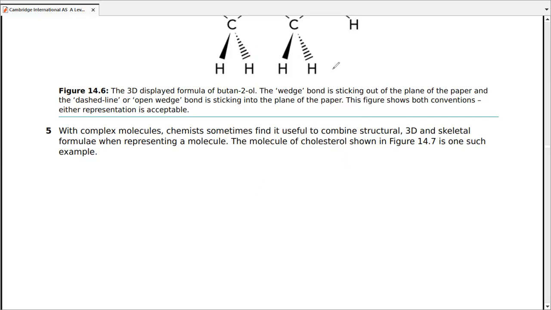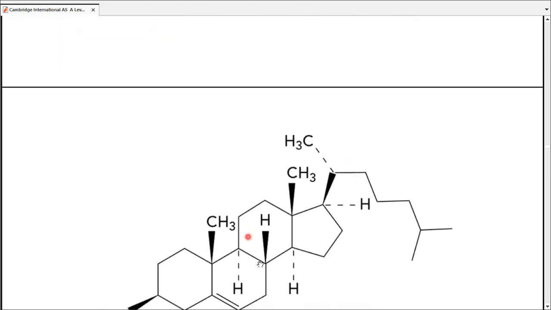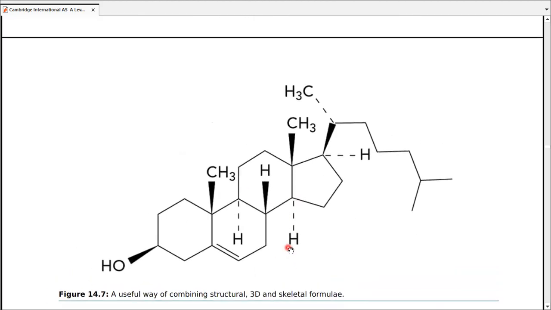For those familiar with the terms of diseases, high blood pressure or other heart diseases, that we keep talking about more commonly as a part of which diet or which stuff to eat and which not to eat, this might be a name you come across many times. Now, this is the molecule of cholesterol. This entire molecule has a structural, a 3D, and a skeletal approach to it, all combined into one.